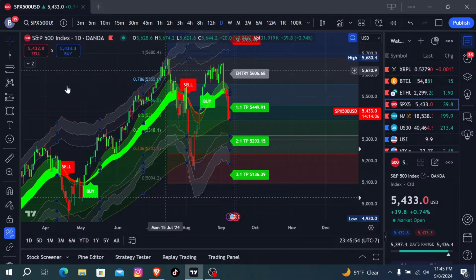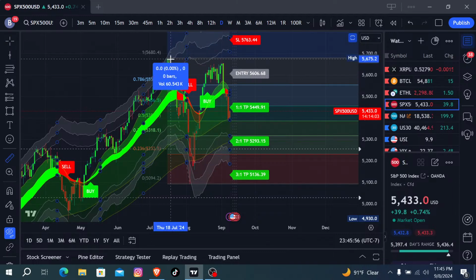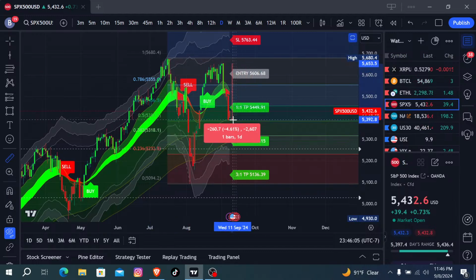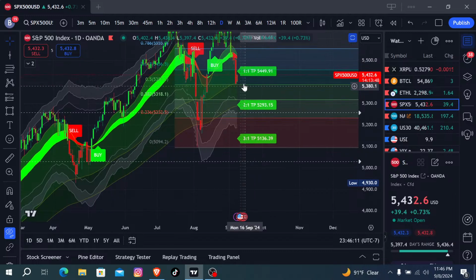See, same length and everything. 266. $260.